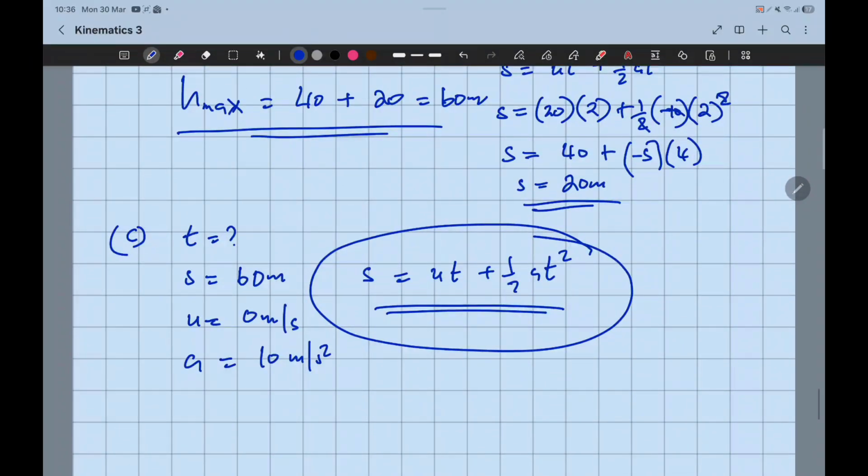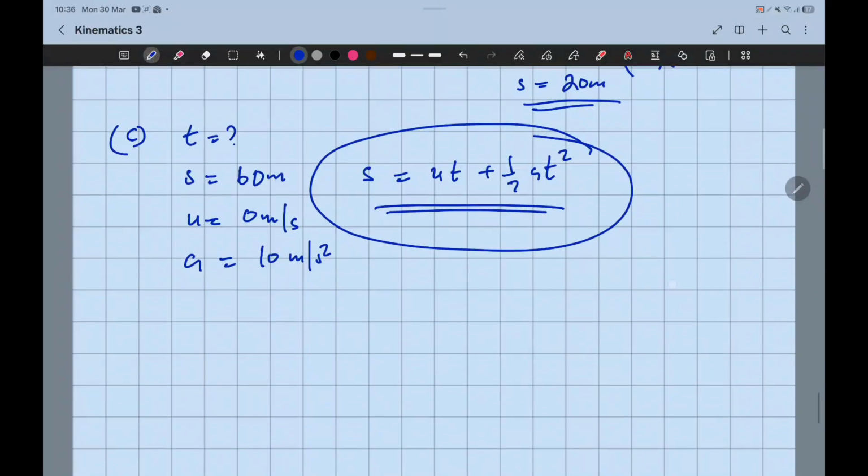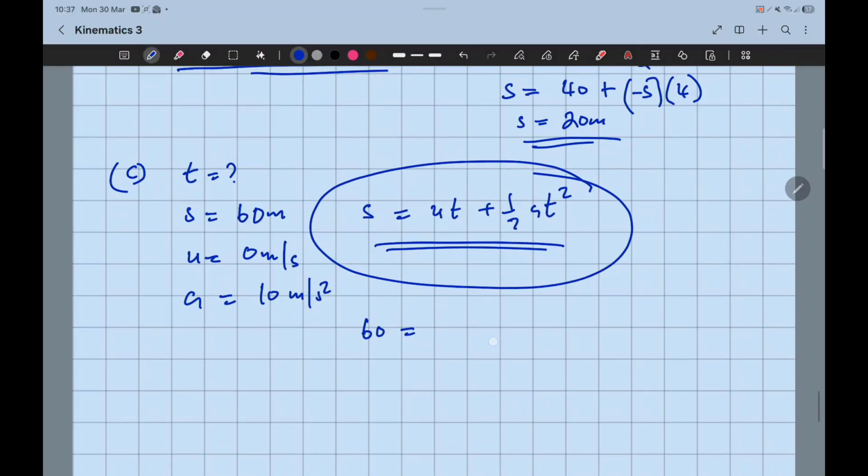I think it's good so that you also experience how it comes like this. So if we substitute 60 is equal to ut, right? So what is our u at that point?